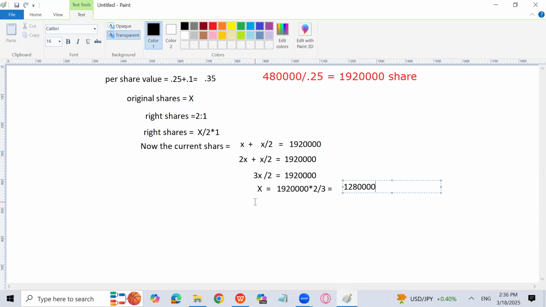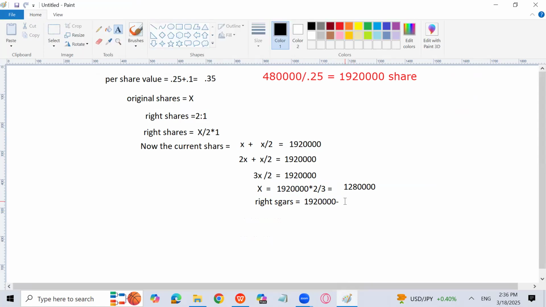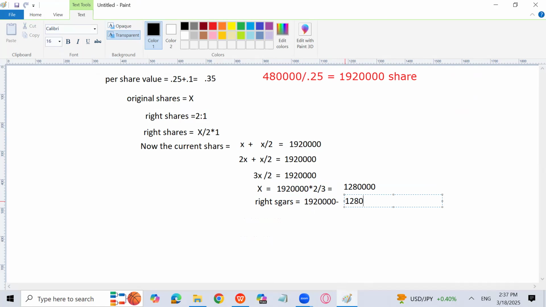So now you can calculate the right shares easily. How, sir? There are 2 methods. Number 1, right shares are 1920000 minus the original shares, because X is the original shares, 12,80,000. So what is the number of right shares? 640,000. There is another way.